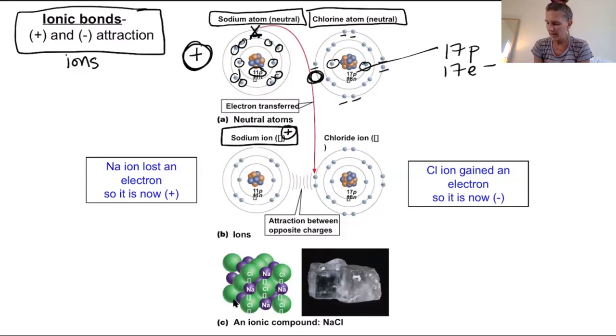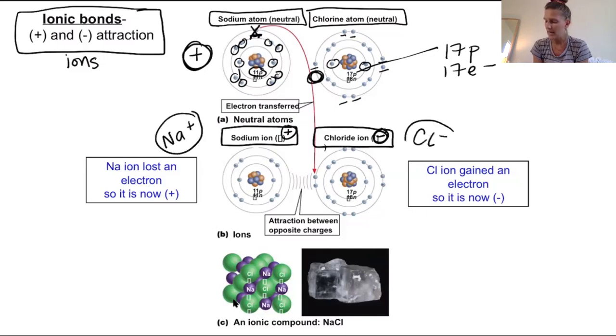So when it steals an electron, it's going to become more negative, right? It was electrically neutral, and now it's going to become a negative ion. An ion literally just means a charged atom, right? So sodium is now a positive ion.